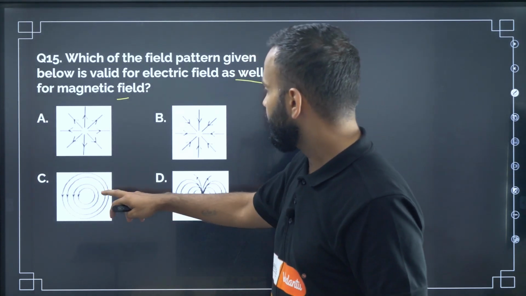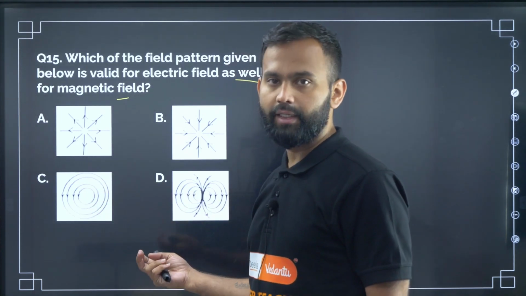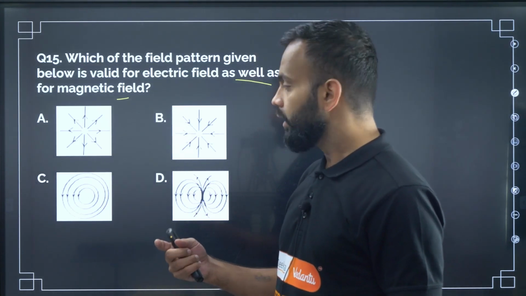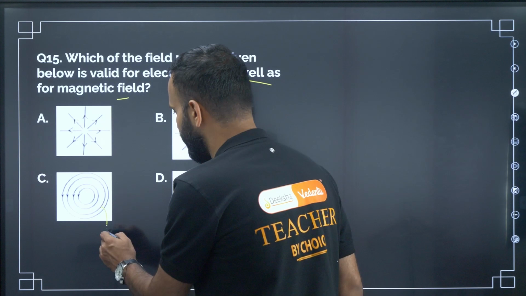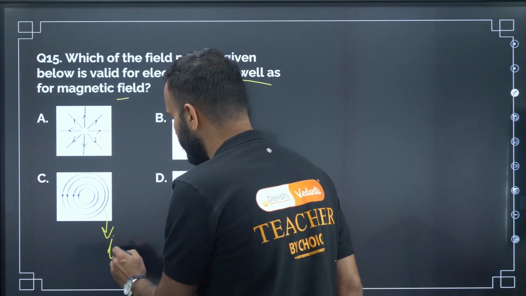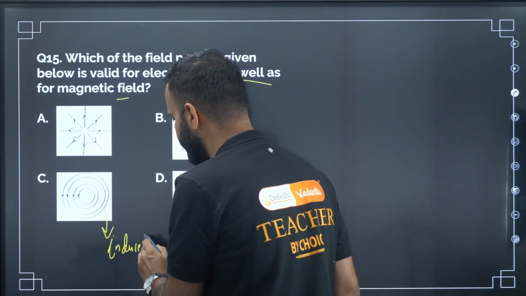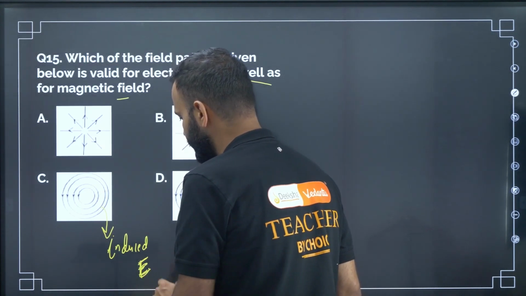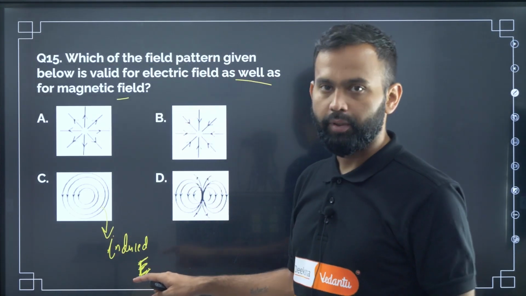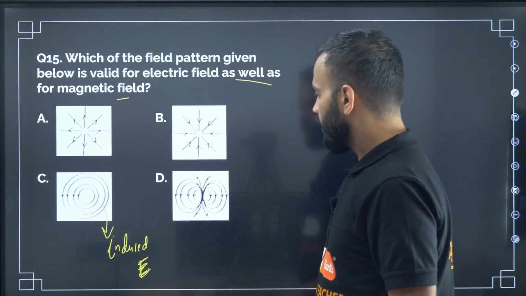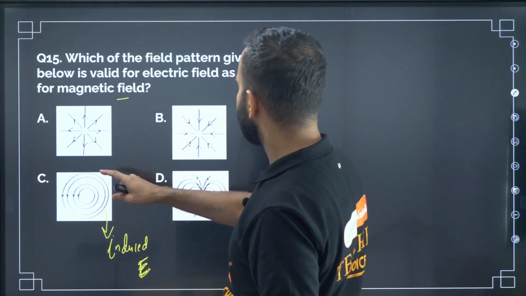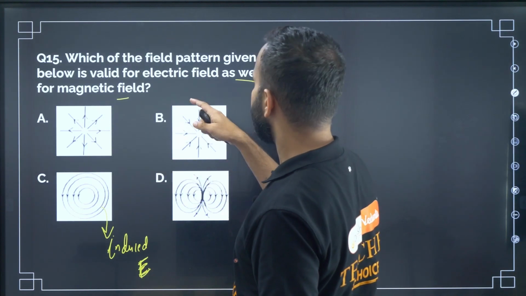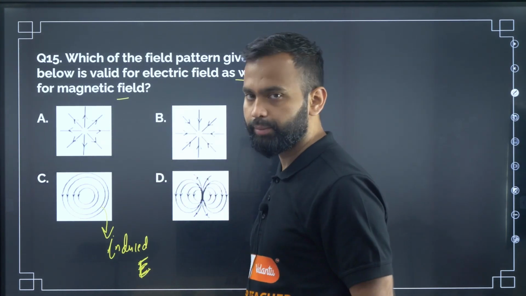Does this field line indicate the electric field? Yes, if the electric field is an induced electric field, it is in loops, right? So option C, this pattern, is valid for the electric field as well as the magnetic field.